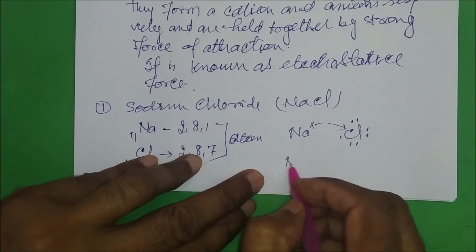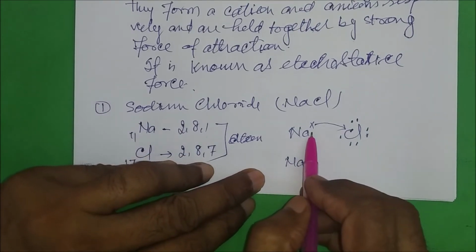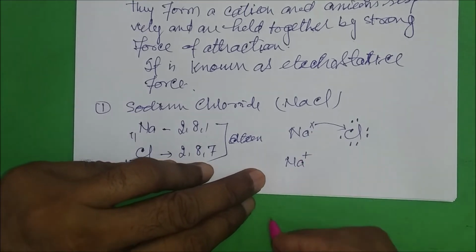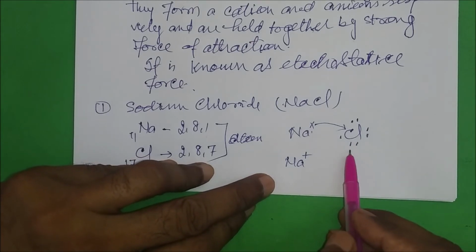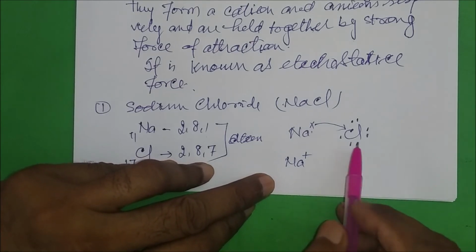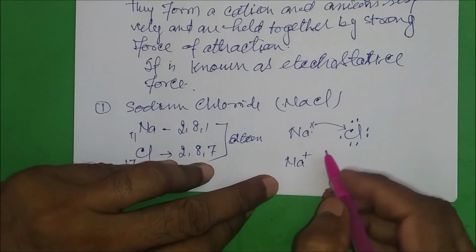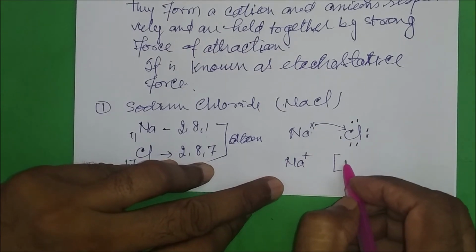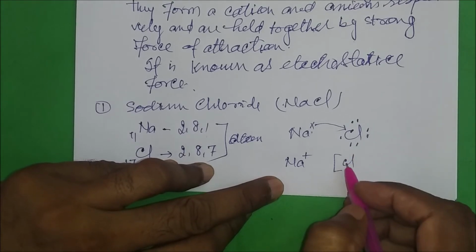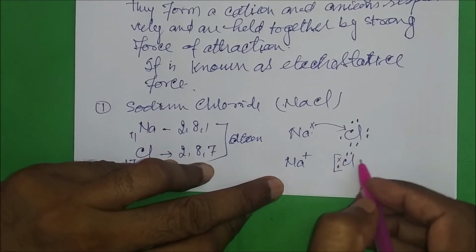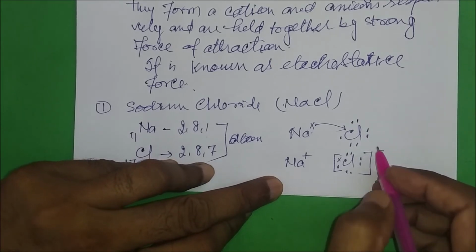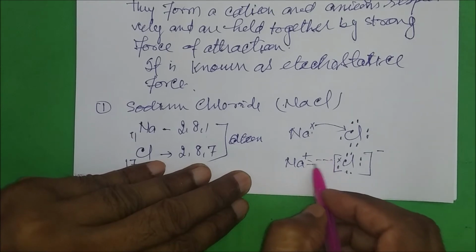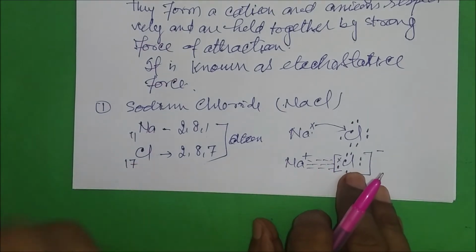Na has lost an electron, so it will be positively charged. This electron has been transferred to chlorine, which now has an excess of electrons, so it will be negatively charged. Now it has become stable. So now try to understand the ions that have been made.